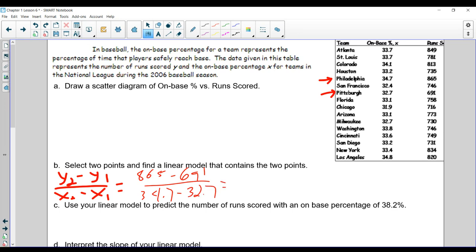All right, and if I take that and I plug that into the calculator, you're going to end up getting 87.